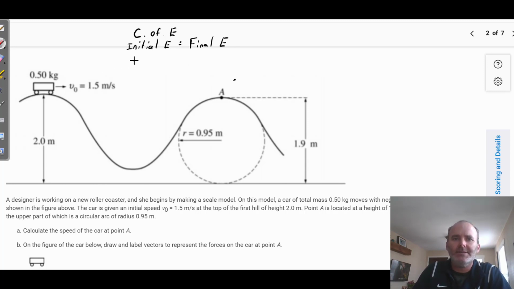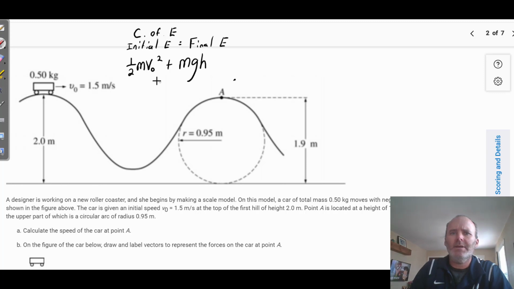Well, it has a velocity, so it has a kinetic energy. It has 1/2 m v0 squared. But it also has a potential energy because it's at a height. So we have mgh1, we'll say that that's h1.